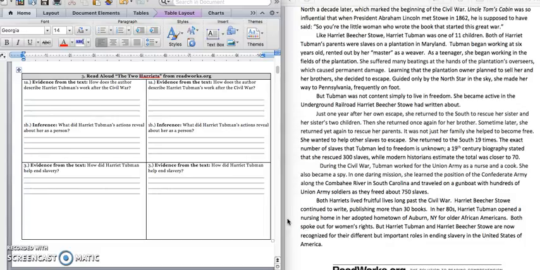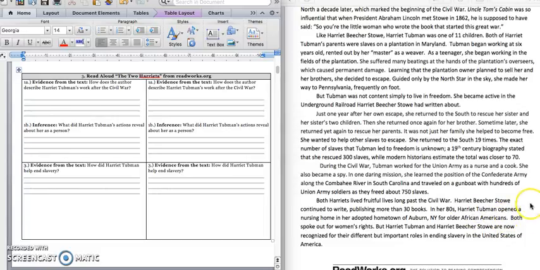All right, so let's go to our questions. Question number 1 says, how does the author describe Harriet Tubman's work after the Civil War? And if we go back to this last paragraph, it says that Harriet Tubman opened a nursing home in Auburn, New York for older African Americans.